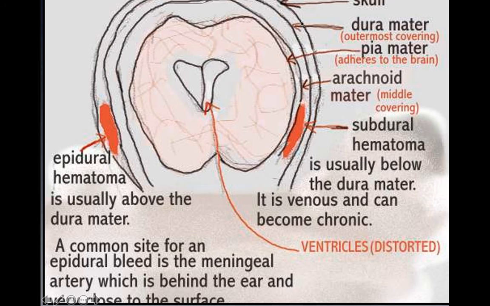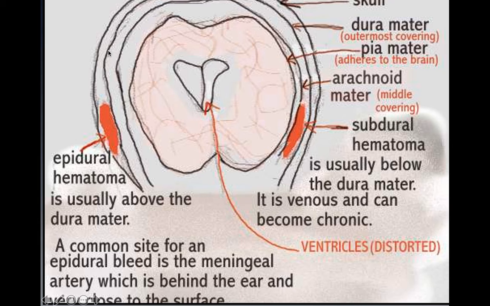So again, you have the skull, and this is just a little cartoon looking at the brain, and attached to the brain is the pia mater, and then you have the arachnoid. So underneath the arachnoid is the subarachnoid space, and then from the arachnoid you have the dura mater, and then you have the skull.